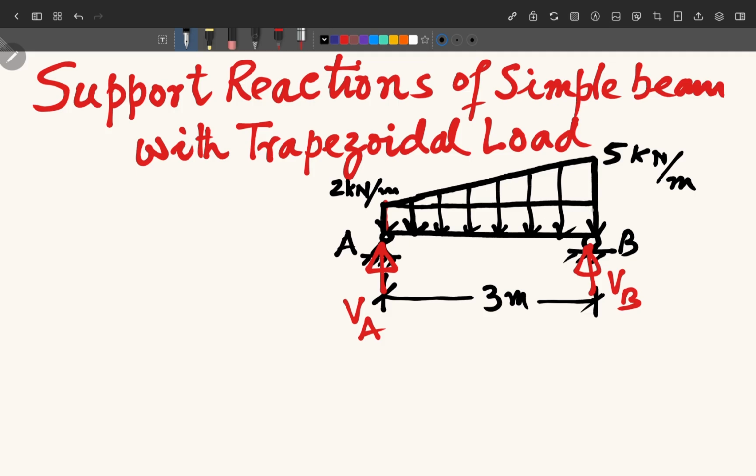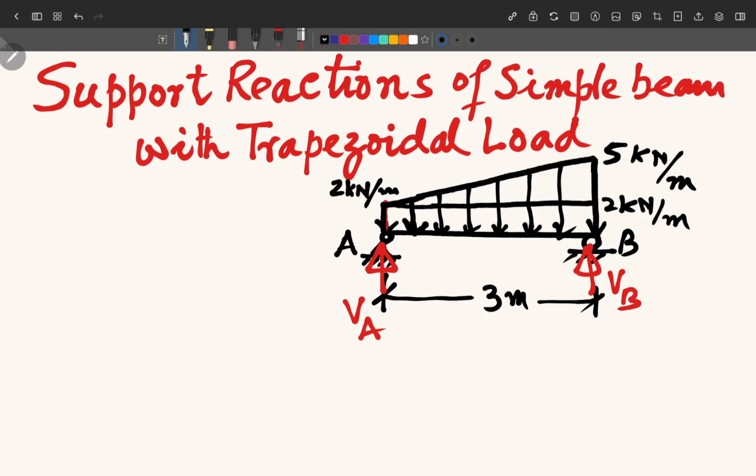The rectangular part is just like a uniformly distributed load, which has an intensity of 2 kilonewton per meter as UDL. And this triangle is giving an intensity of 3 kilonewton per meter at its maximum point.